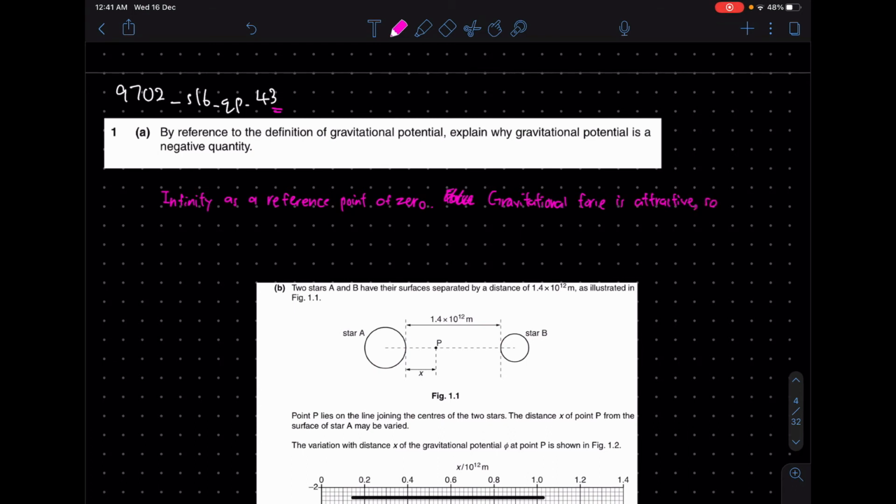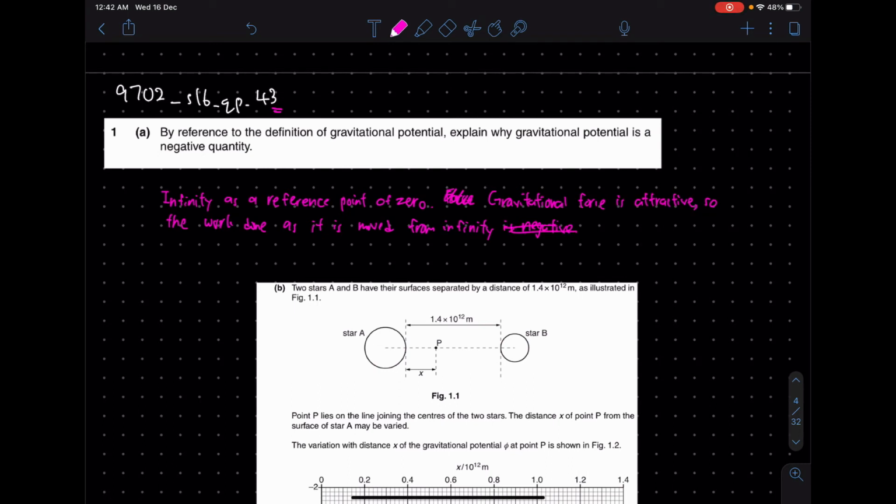So the work done as it is moved from infinity is negative.